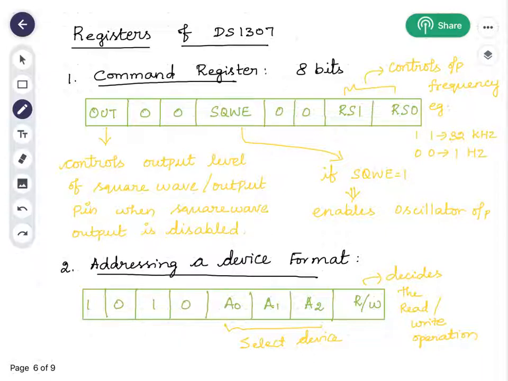Number 1 is the command register, and the second register is the format for addressing a device. The third and fourth registers are control register 1 and control register 2, which can also be called status register 1 and status register 2. The command register is an 8-bit register. The MSB is OUT.